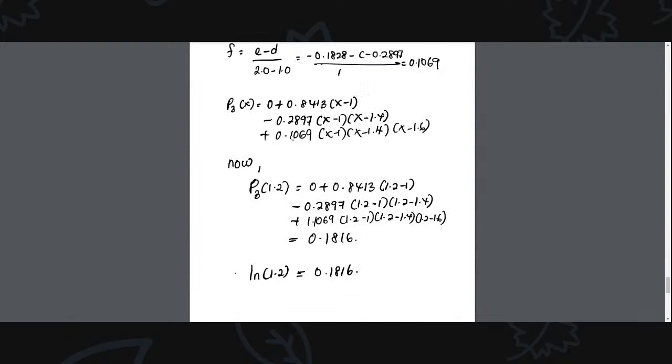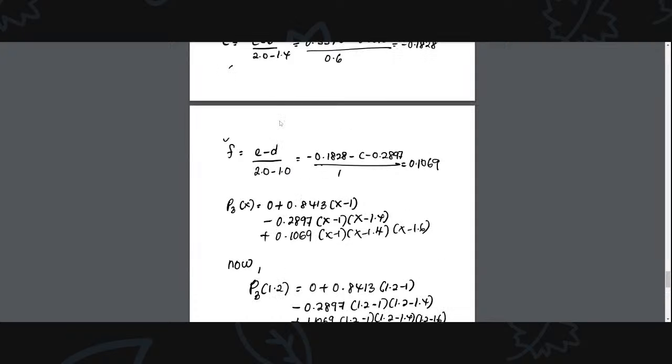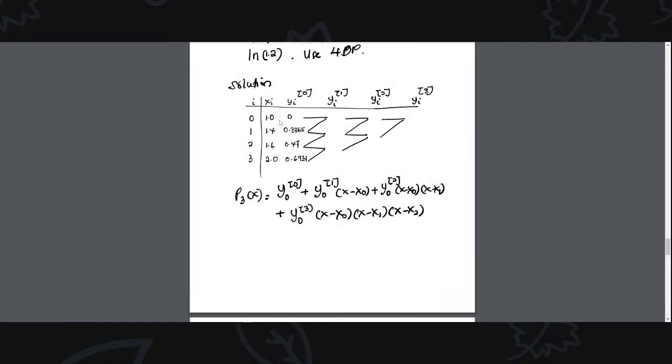After completing the table, you need to write the polynomial using Newton divided difference, P3(x). Do you still remember the formula? It is y[0] plus y[0,1](x minus x0) plus y[0,1,2](x minus x0)(x minus x1) plus y[0,1,2,3](x minus x0)(x minus x1)(x minus x2).